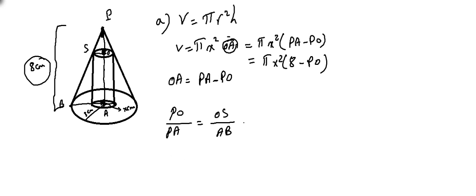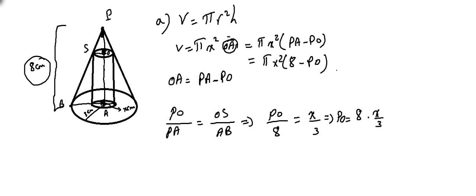That's great, because we need PO. PA is 8, OS is x, the radius of the cylinder, and AB is 3, the radius of the cone. So PO is equal to 8 times x over 3.